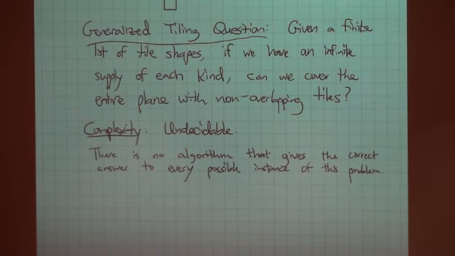I want to emphasize that what I wrote here is no algorithm. I didn't say there's no known algorithm. We still haven't found one yet. It's a mathematical fact that no such algorithm exists. It will never be found.